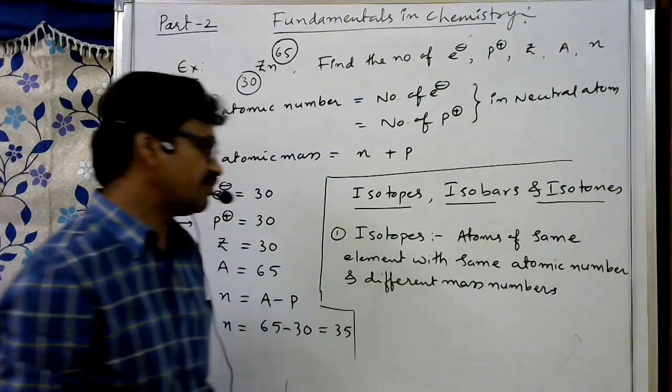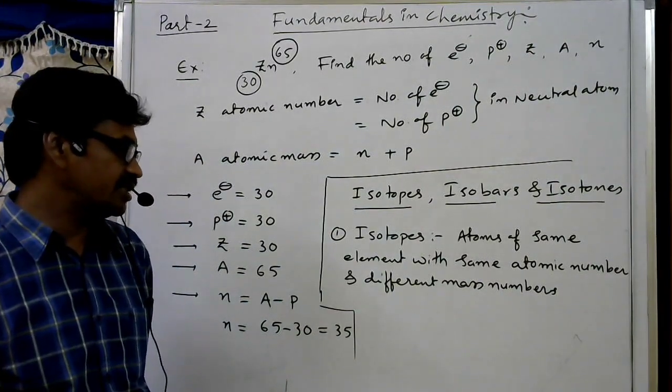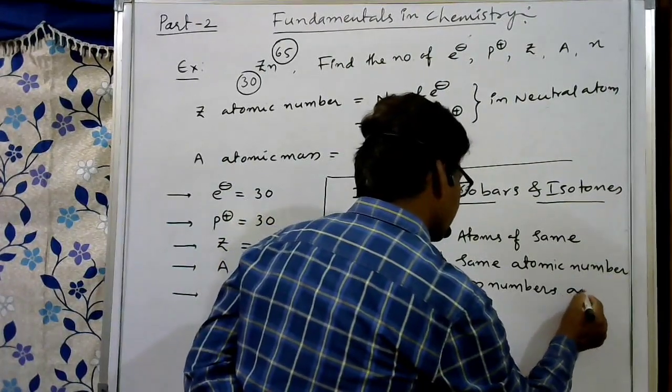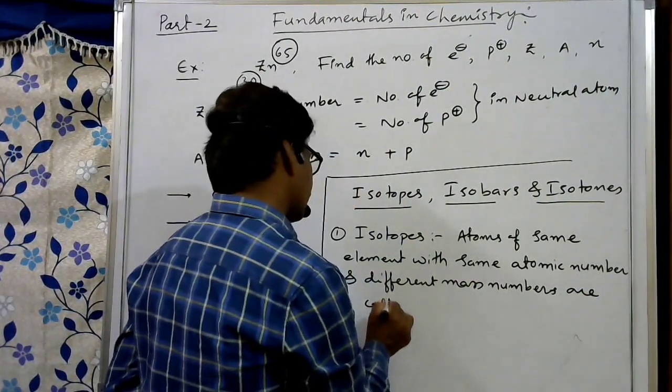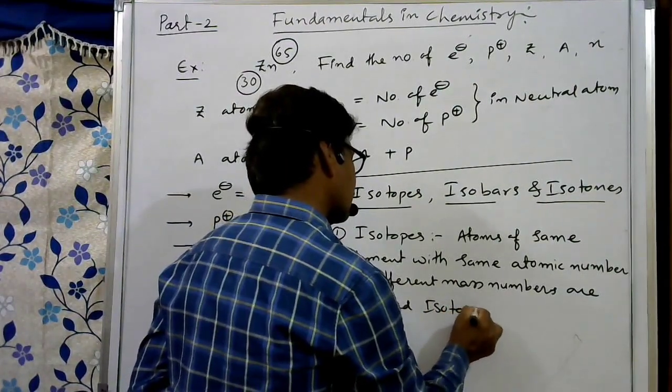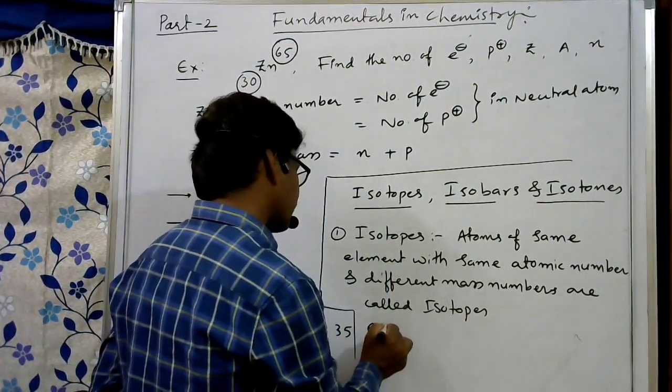Atoms of the same element with the same atomic number Z and different mass numbers A are called isotopes.